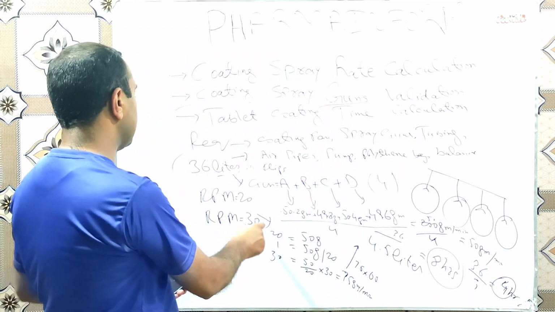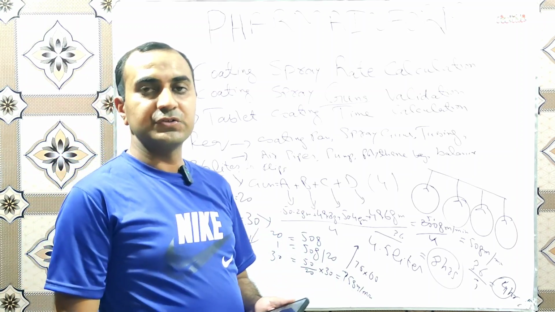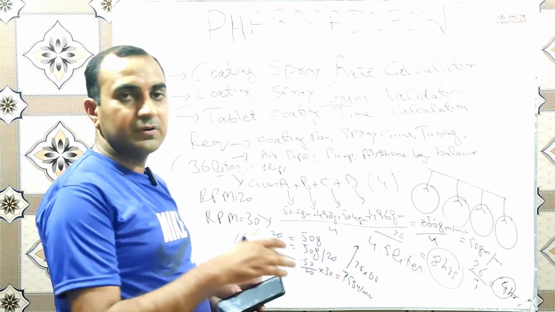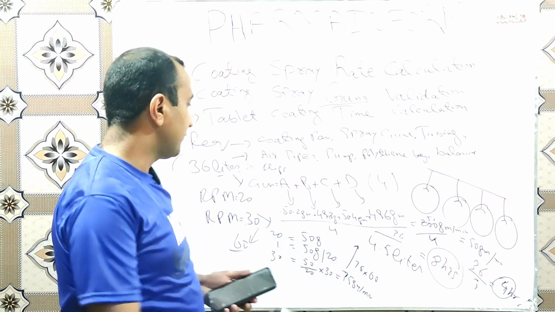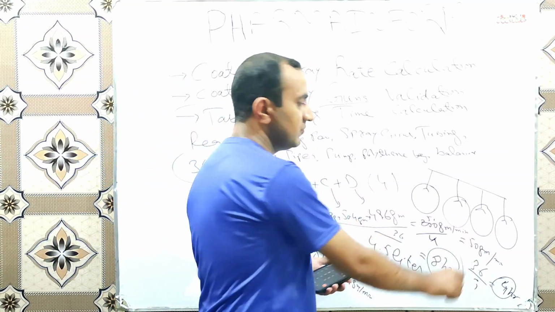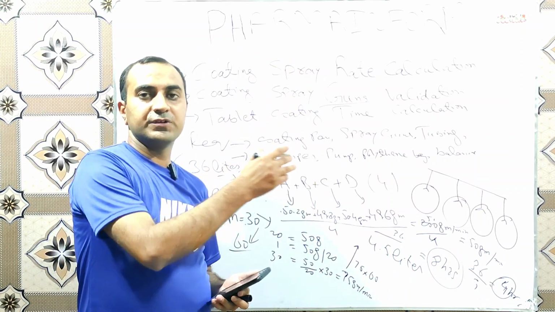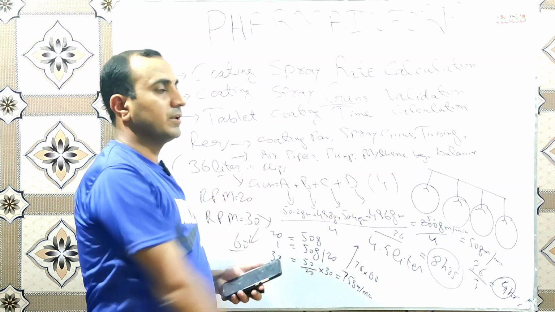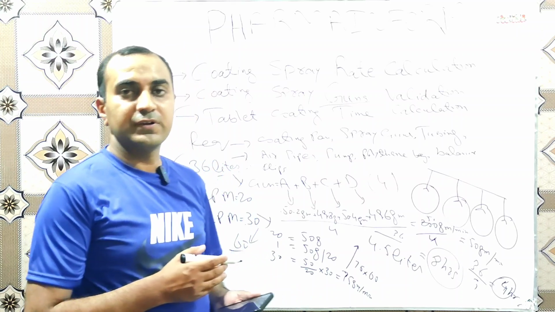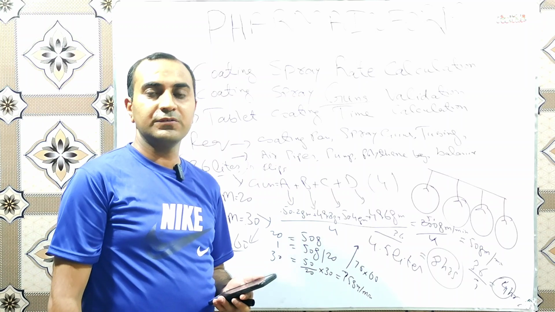Meaning if we simply increase our RPMs from 30 to 60 while maintaining all the conditions like bed temperature, gun to bed distance, and tablet physical appearance, if all is good, at 60 RPM you can finish the same batch in 4 hours. So this is the importance of coating spray rate calculation, coating spray guns validation, and determination of the time required for finishing the coating suspension.